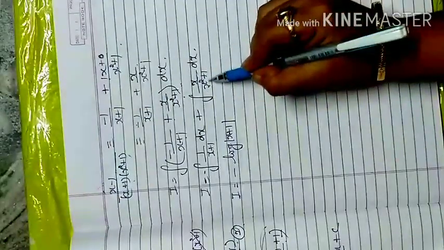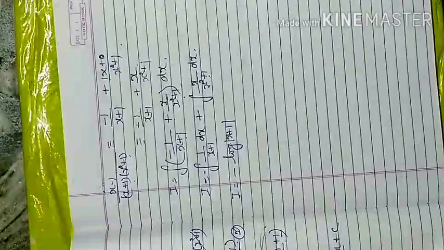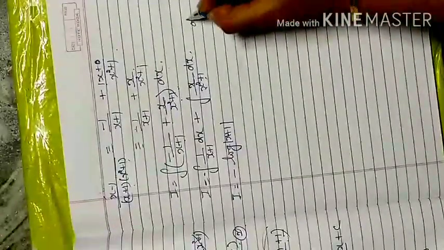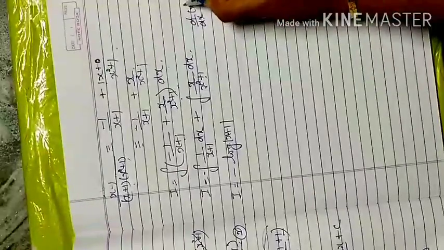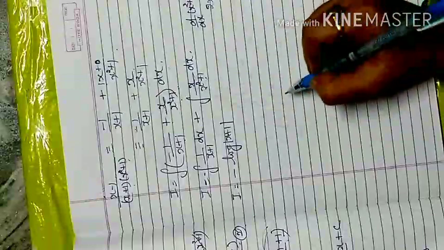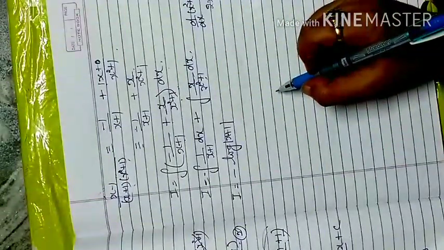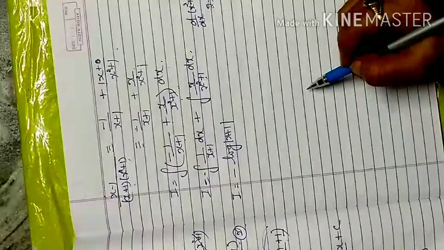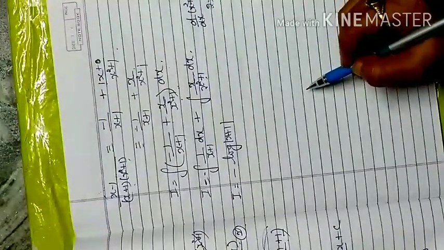Now here x upon x square plus 1. If I check with the differentiation of x square plus 1, that becomes 2x. So only x is there. If the differentiation of the denominator is in the numerator, I can directly apply the rule.